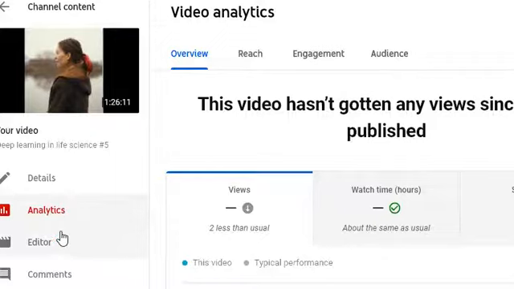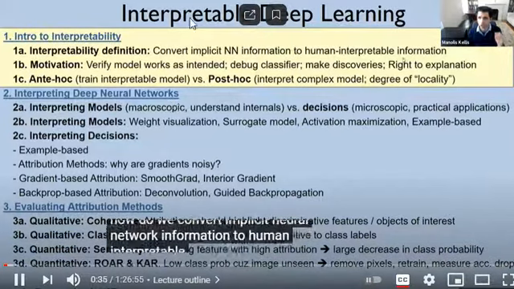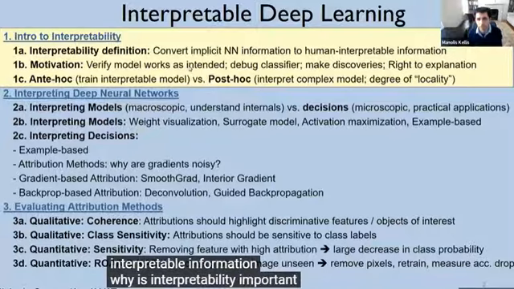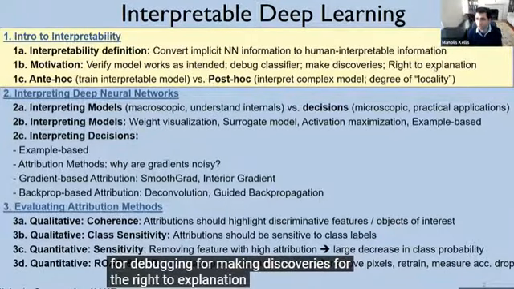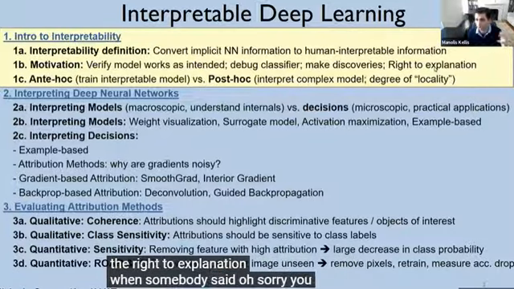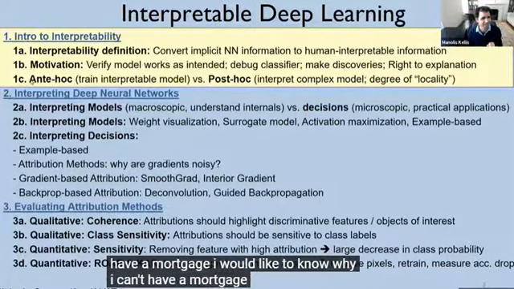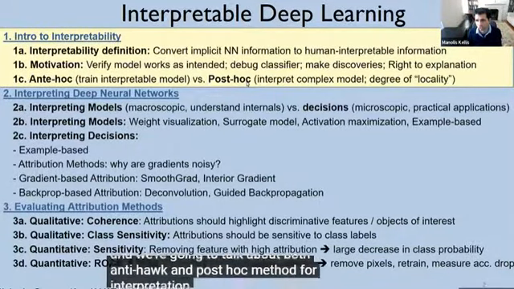So we're going to first look at definitions of interpretability. How do we convert implicit neural network information to human interpretable information? Why is interpretability important? For debugging, for making discoveries, for the right to explanation. When somebody says, oh, sorry, you can't have a mortgage, I would like to know why I can't have a mortgage. And we're going to talk about both ante-hoc and post-hoc methods for interpretation.